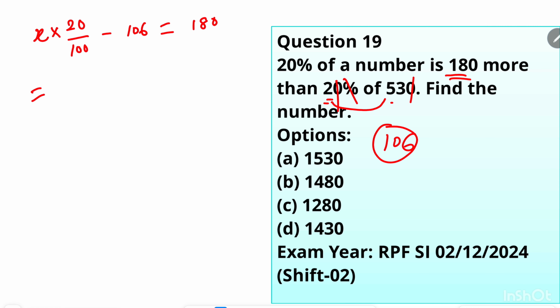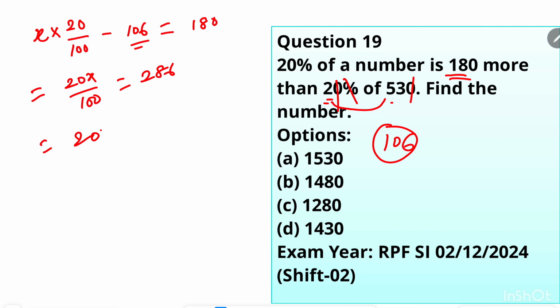So how much will it be? Solve this. 20x over 100, and if this number goes to this side, it will make 180 plus 106, that is 286, correct?